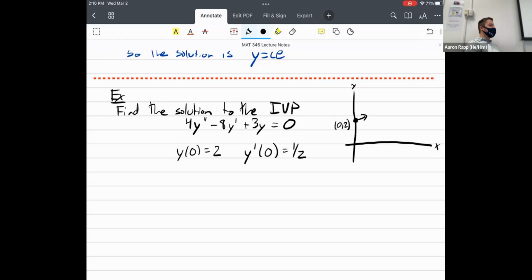But I want to find the solution. So is this a second order linear homogeneous differential equation with constant coefficients? Yes or no? See Malvern shaking his head yes.